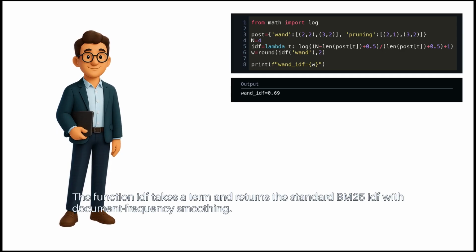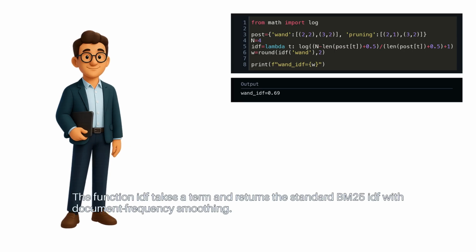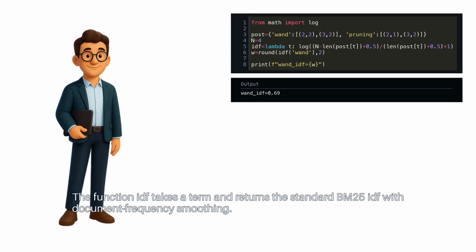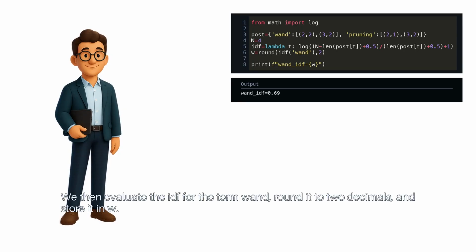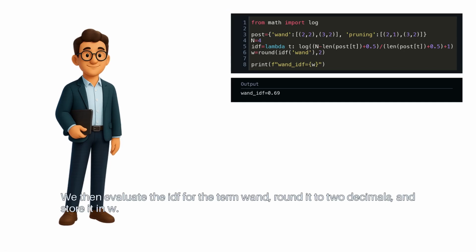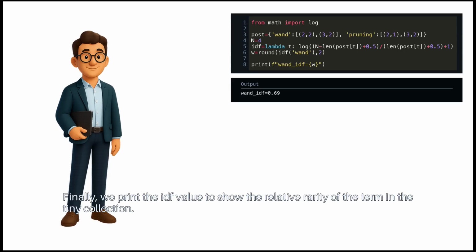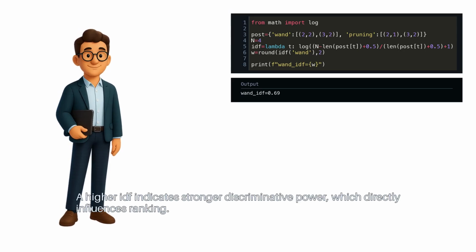The function IDF takes a term and returns the standard BM25 IDF with document frequency smoothing. We then evaluate the IDF for the term wand, round it to 2 decimals, and store it in W. Finally, we print the IDF value to show the relative rarity of the term in the tiny collection. A higher IDF indicates stronger discriminative power, which directly influences ranking.